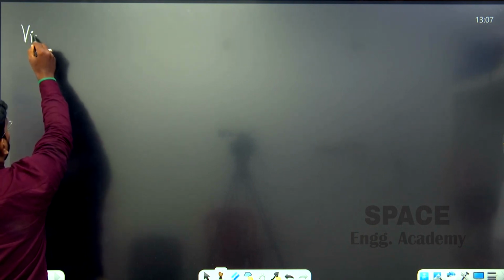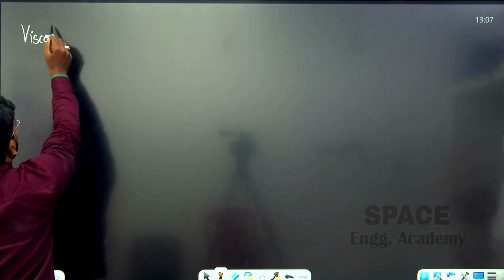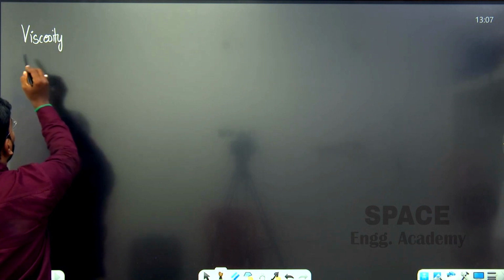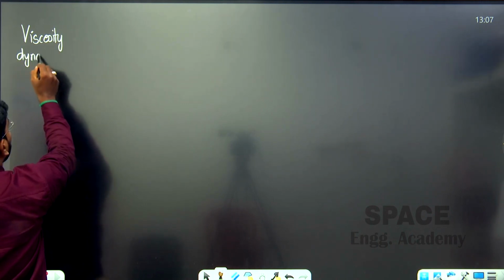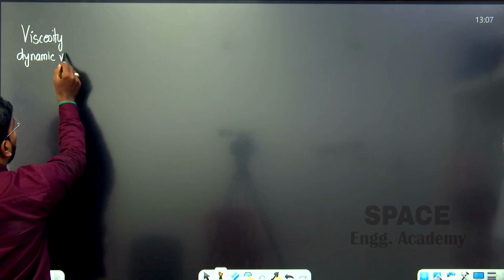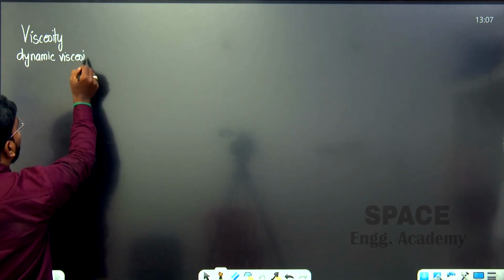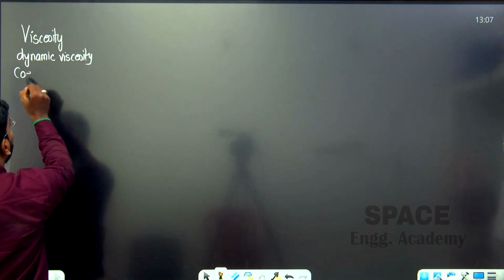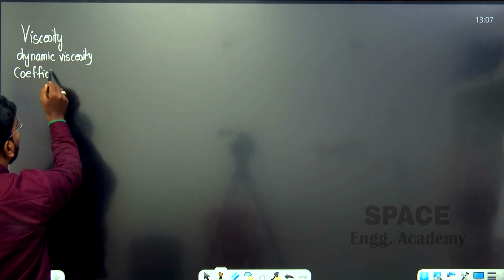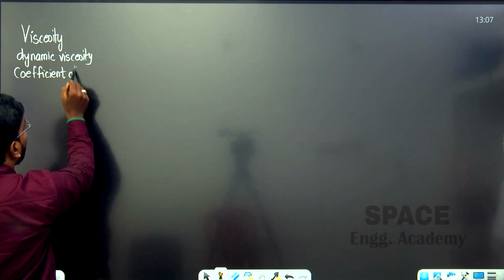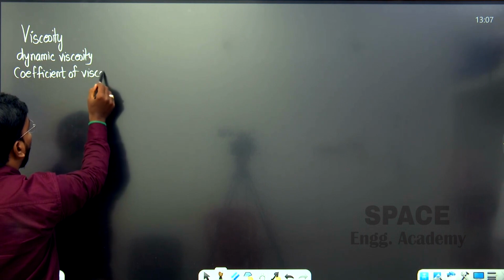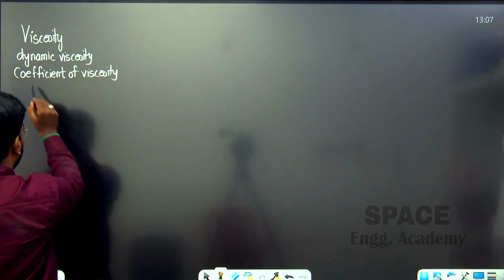In this topic we are going to discuss the next property, that is viscosity. The term viscosity represents dynamic viscosity. Another name for dynamic viscosity is coefficient of viscosity, which is also called absolute viscosity.